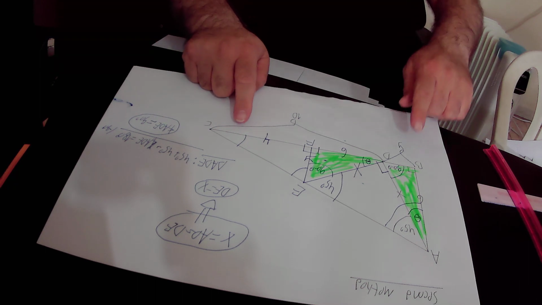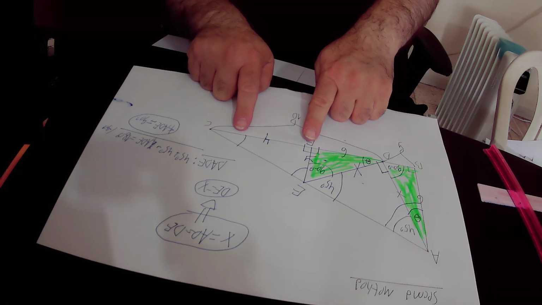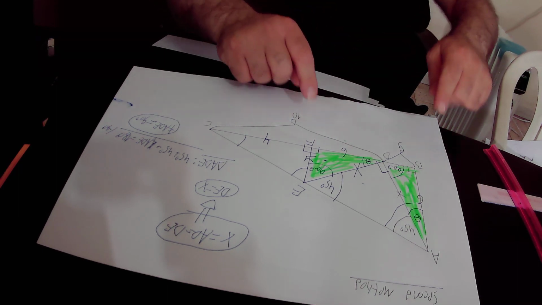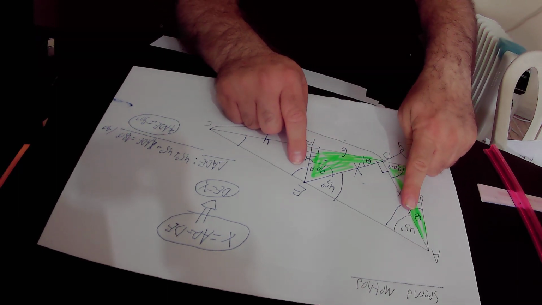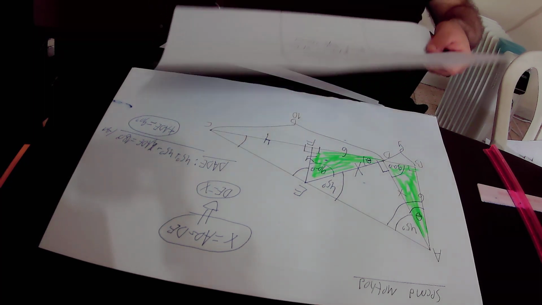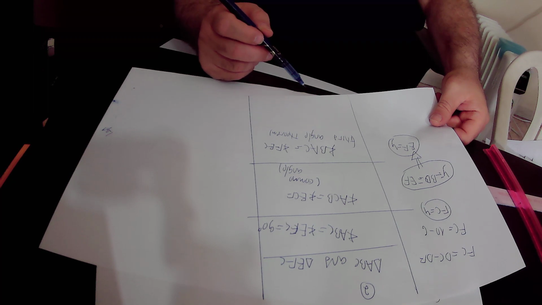So those two angles in triangle ABC are congruent to those two angles in triangle EFC. Therefore, the third pair of angles must also be congruent, because the angles add up to 180 degrees. Therefore, angle BAC must be equal to angle FEC according to the third angle theorem.